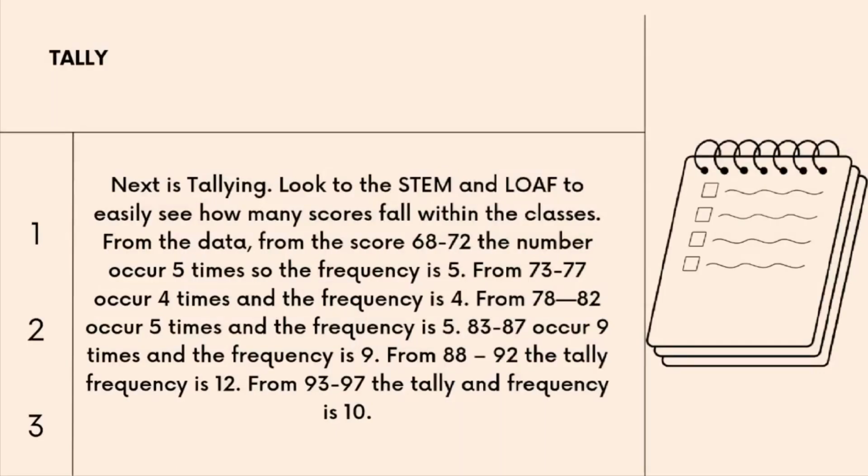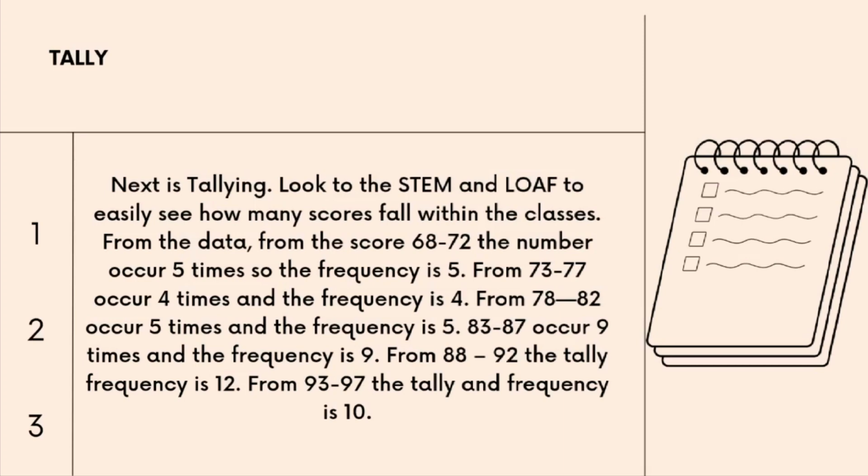Next is tallying. Look at the stem and leaf plot to easily see how many scores fall within the classes. From the data, the scores from 68 to 72 occur 5 times, so the frequency is 5. From 73 to 77 occur 4 times, and the frequency is 4.